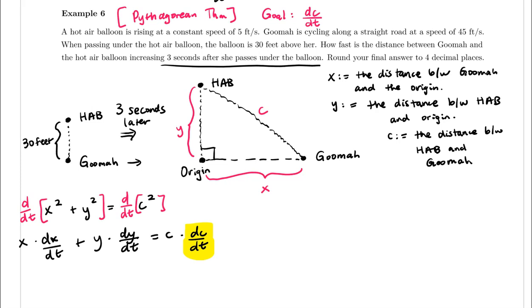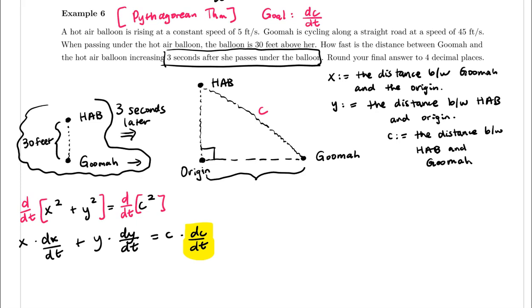Let's start with x. I've frozen a picture in time, and I'm looking at this 3 seconds later. And so I want to figure out how far from the origin is Guma 3 seconds after she passes under the balloon. This is where she passed under the balloon, so this is 3 seconds later.